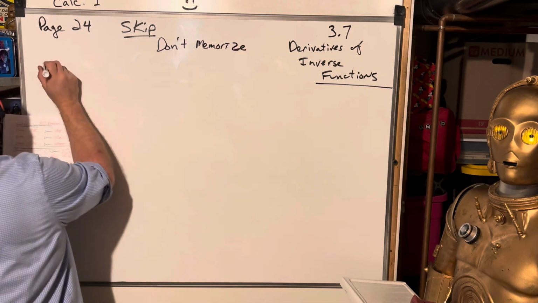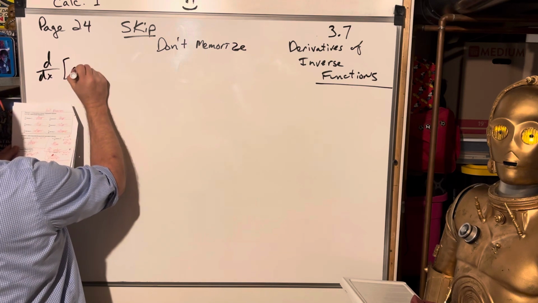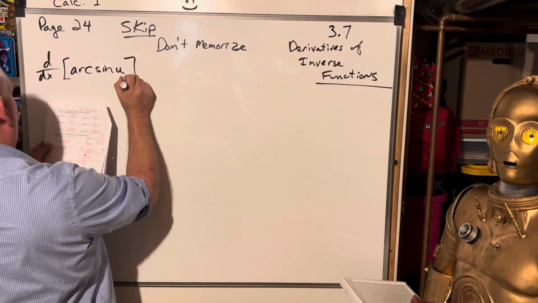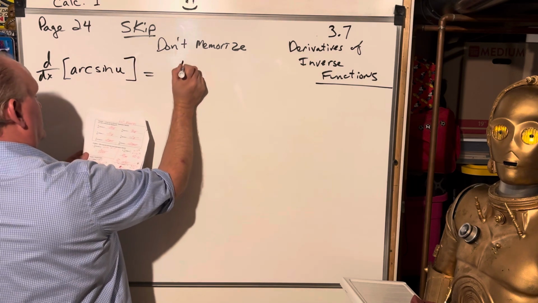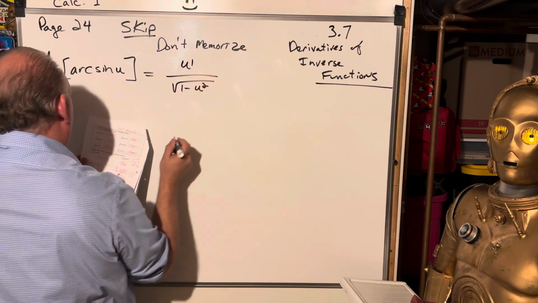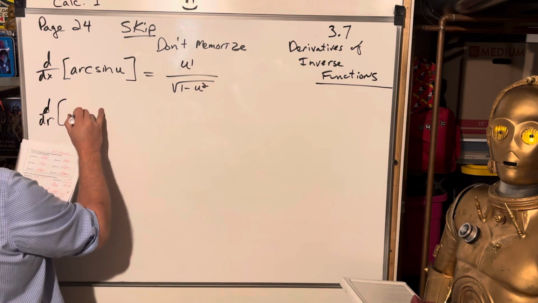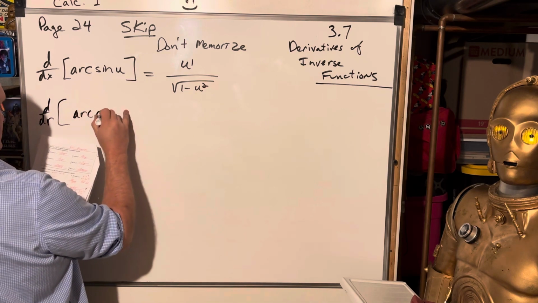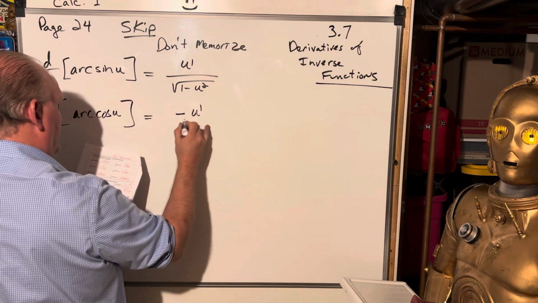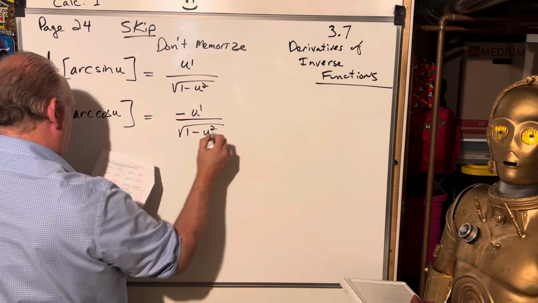All right, so we have d dx of the arc sine of u, which is equal to u prime over the square root of 1 minus u squared. We've got d dx of the arc cosine of u, which is equal to the opposite of u prime over the square root of 1 minus u squared.